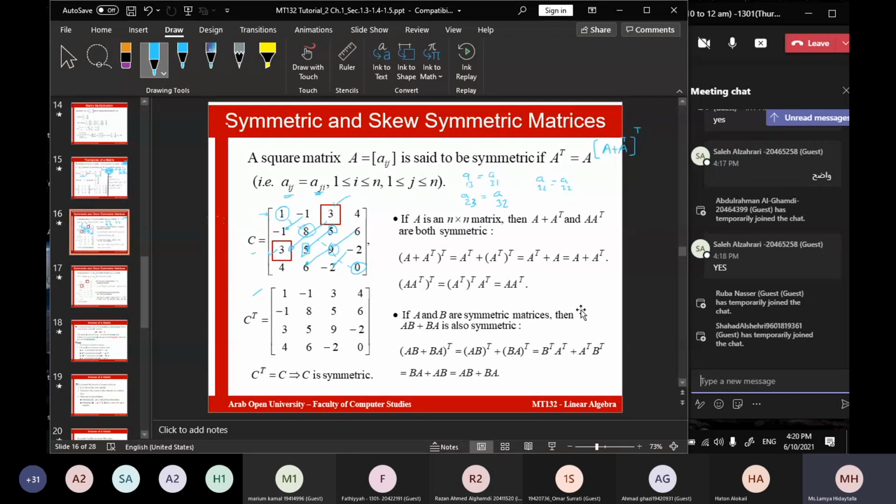So this is equal to A transpose plus A transpose, the whole transpose. But we knew that the transpose of the transpose gives me back the matrix. So this is equal to A transpose plus A.